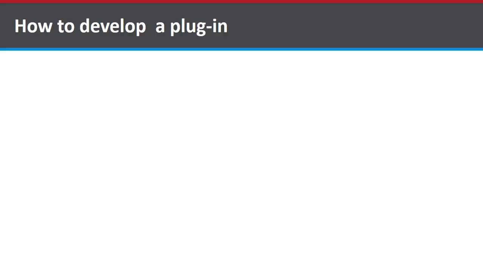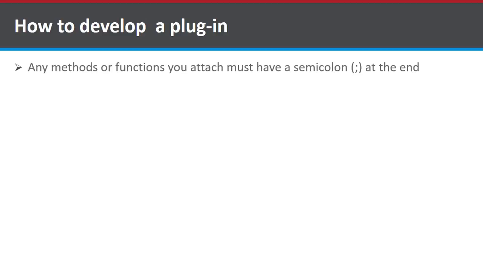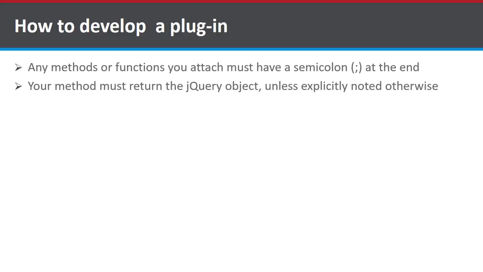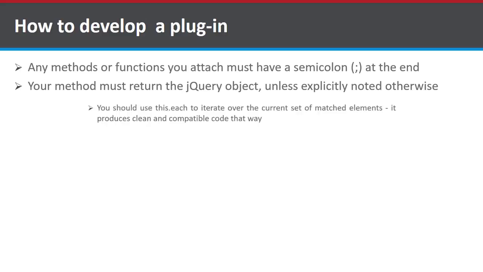Now the next thing is how to develop a plugin. Any methods or functions you attach must have a semicolon at the end. This I will show you later. Your method must return the jQuery object unless explicitly noted otherwise. It is mandatory to return a jQuery object.